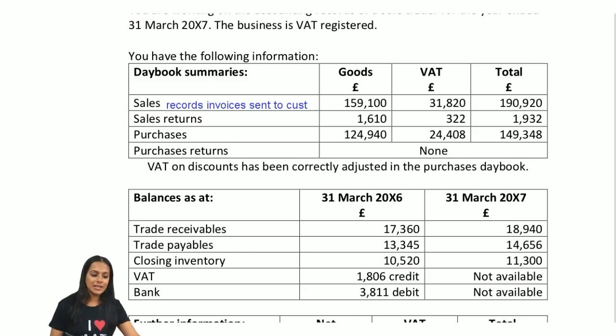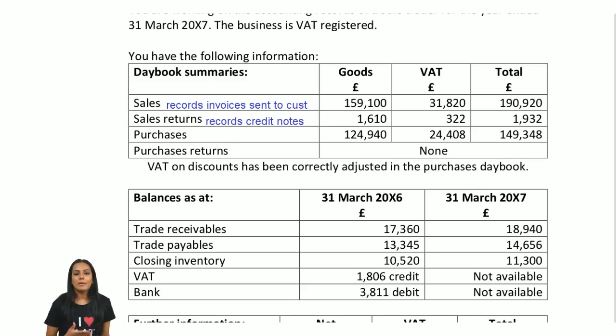Another book of prime entry is known as the sales returns daybook, and the sales returns daybook records credit notes sent. And credit notes represent the amount of money that the customer no longer owes you, because maybe the customer has sent goods back to you, or because they've changed their mind, or you've supplied them with damaged goods.